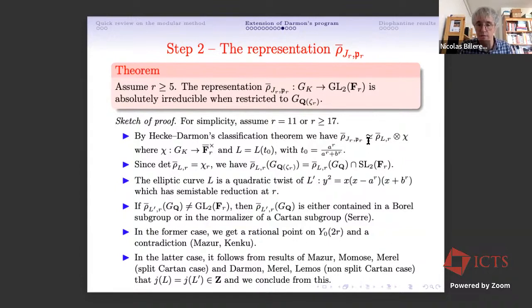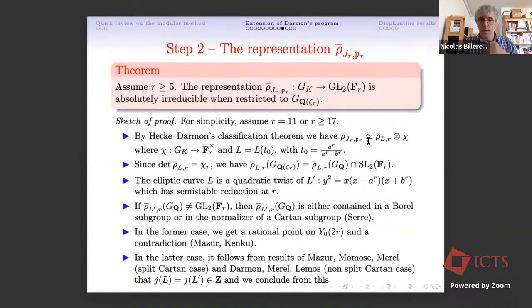And similarly, in the case of non-split Cartan subgroups, again by a result of Darmon and Merel, and then a generalization of them by Lemos, we get again that this is an integer, and we conclude from this. So I'm skipping some details, but these are the main steps in the proof.